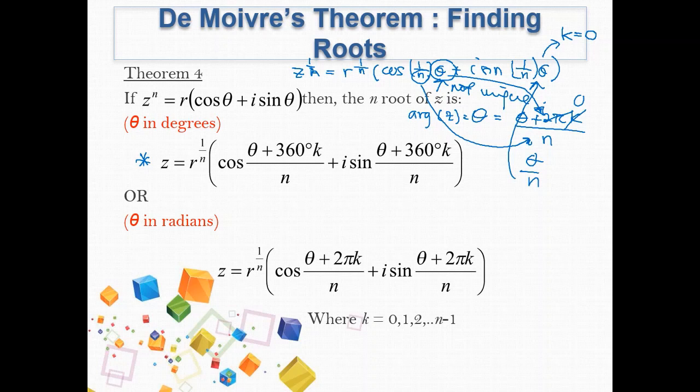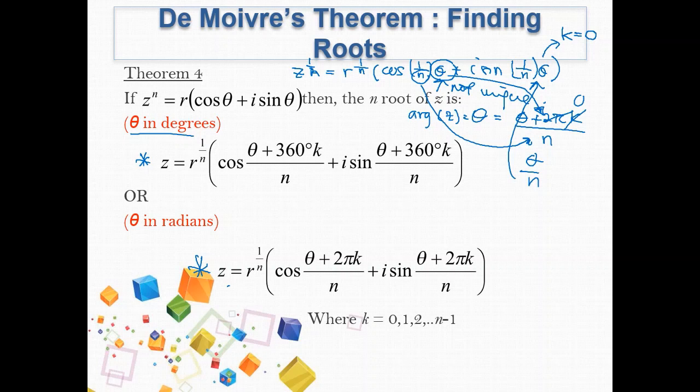Alright. Okay, you have two equations here. You can use theta in degree for this formula. For theta in radian, you use this formula. And k is from 0 up to n minus 1, so k will depend on your n.